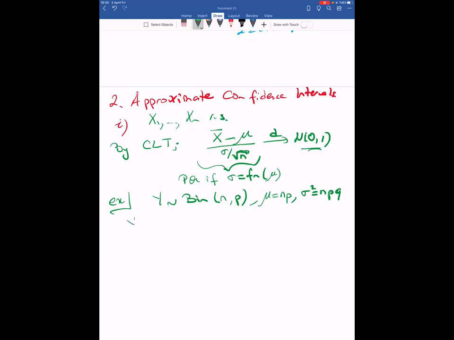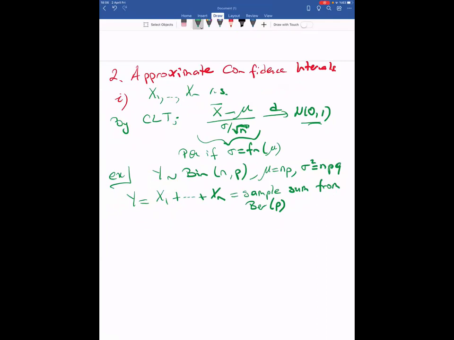So we can treat our y as a sum of independent Bernoulli trials. Okay, so this will be the sample sum from Bernoulli p.